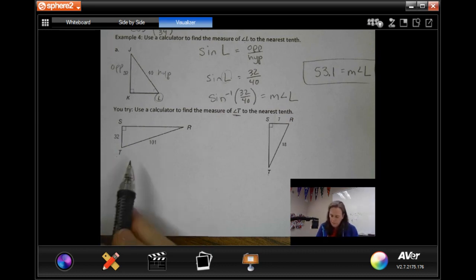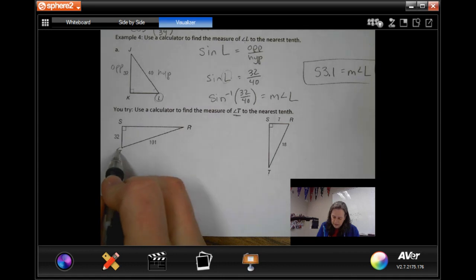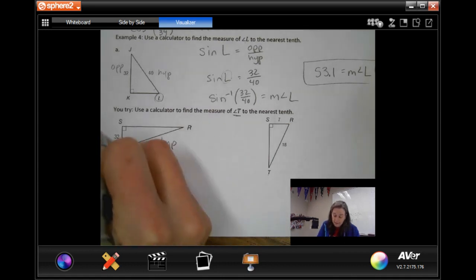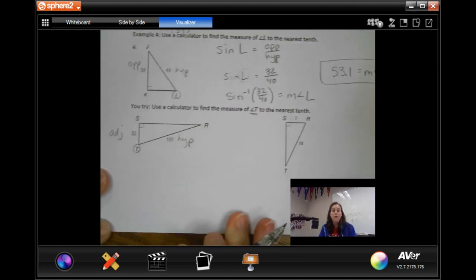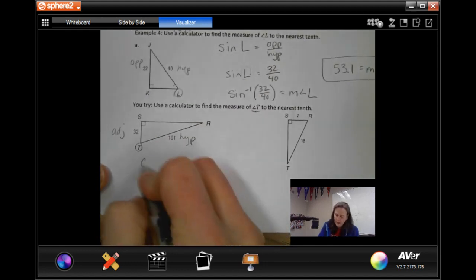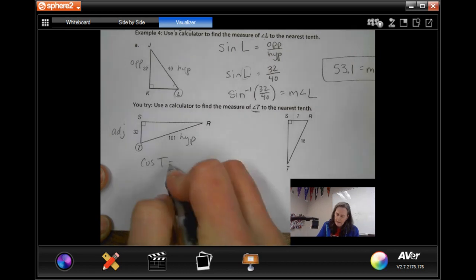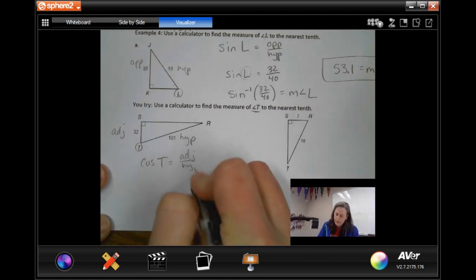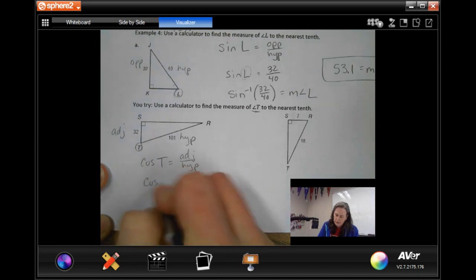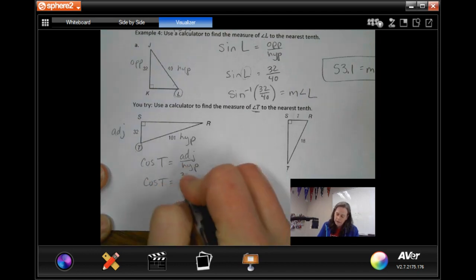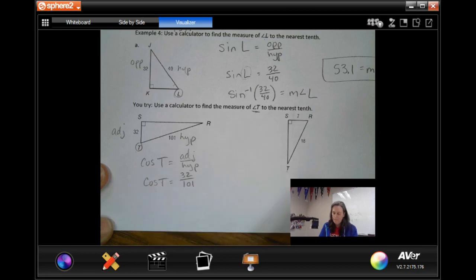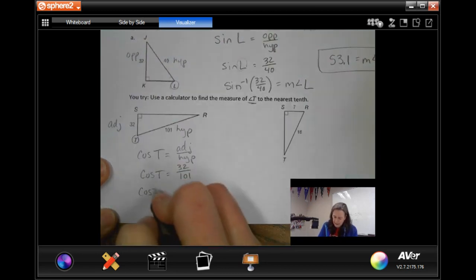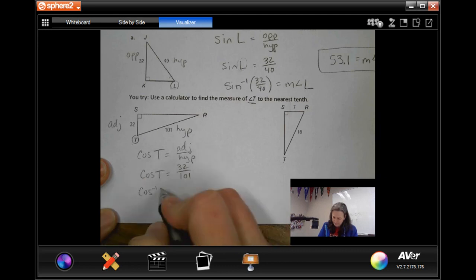Okay, let's see. Here's angle T. We've got a hypotenuse, and we've got an adjacent. That sounds like a cosine, right? Cosine of T equals adjacent over hypotenuse, which is 32 over 101. Now we've got to do the inverse since we really have the answer to this.